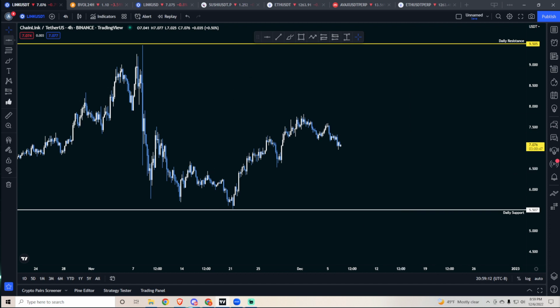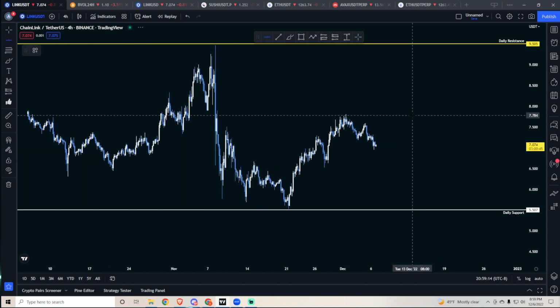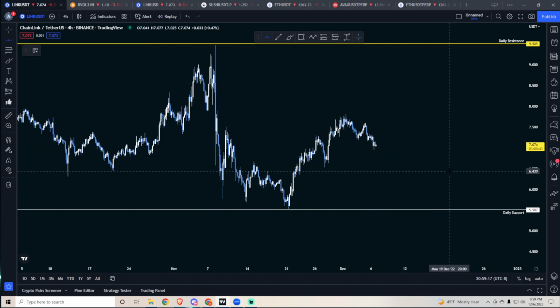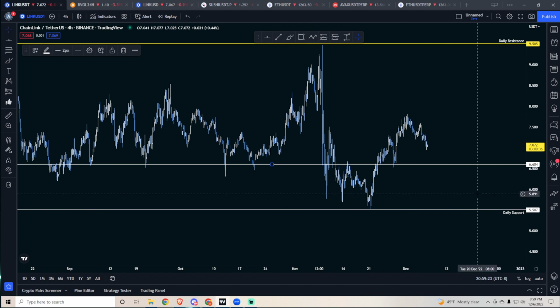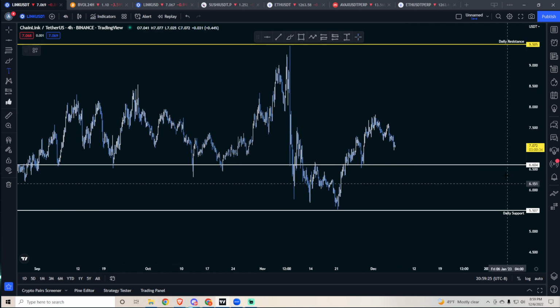So you can go on the 4 hour, right, and place your support and resistances. So for now, here is a 4 hour support at 660.